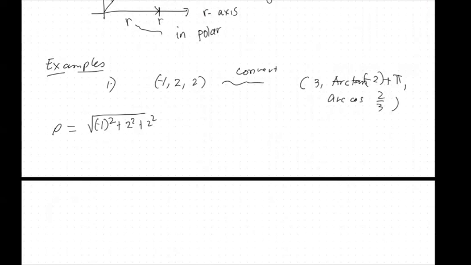So this is just 3. And then your theta, this is your x, y, your z. So your r here is the square root of 1 squared plus 2 squared.